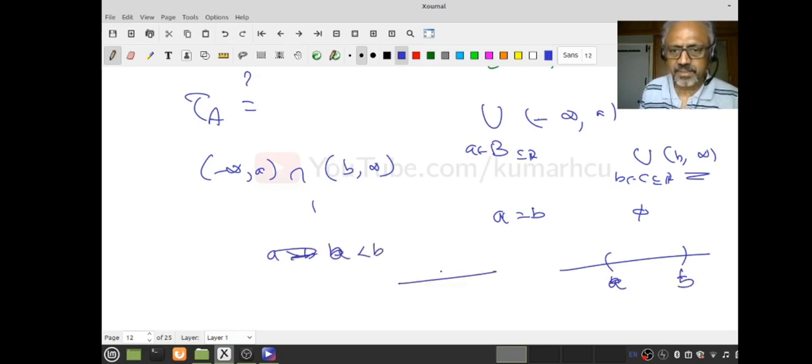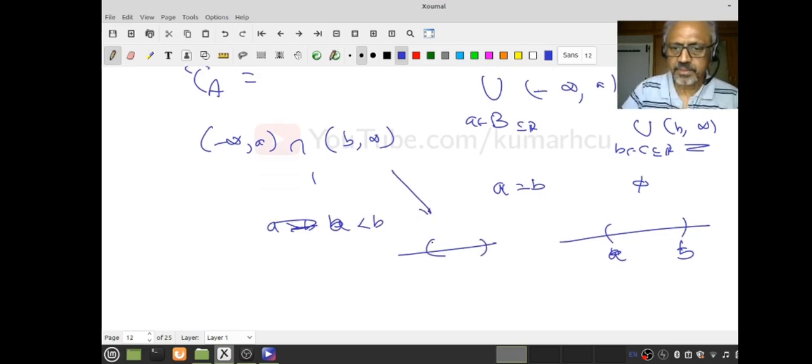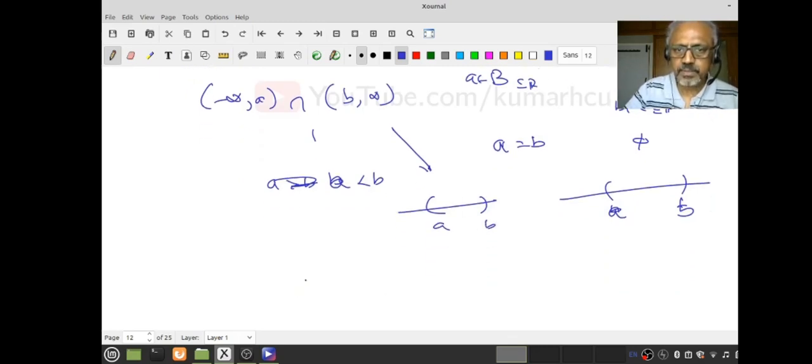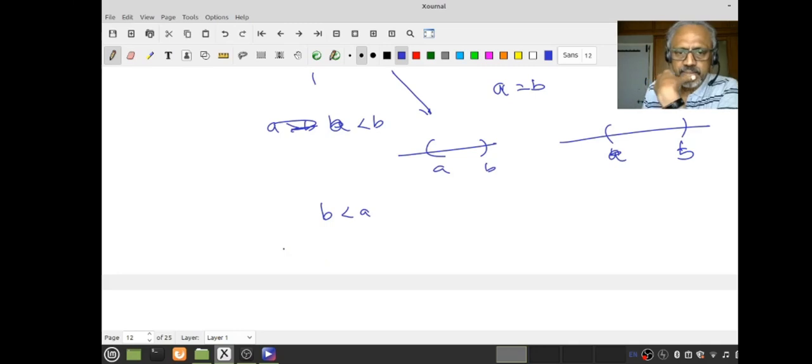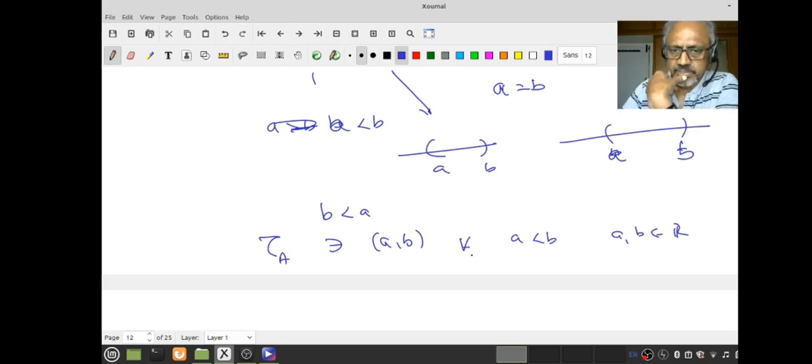In that case, the intersection is the interval (a, b). And suppose it is the other way around, it is the same thing. Suppose b is less than a, then it's the same thing. Have you understood what I'm saying? So that means tau A should contain all intervals of the form (a, b) where a is less than b. Do you understand this?